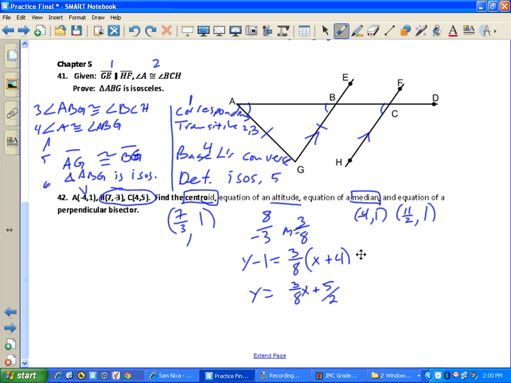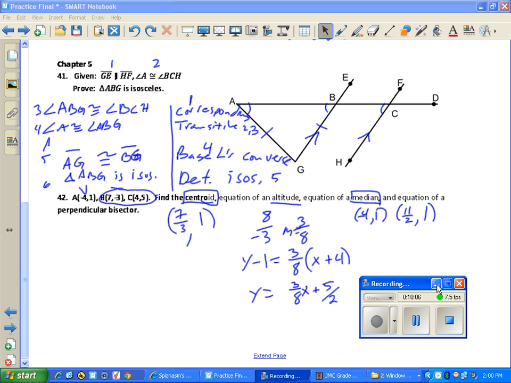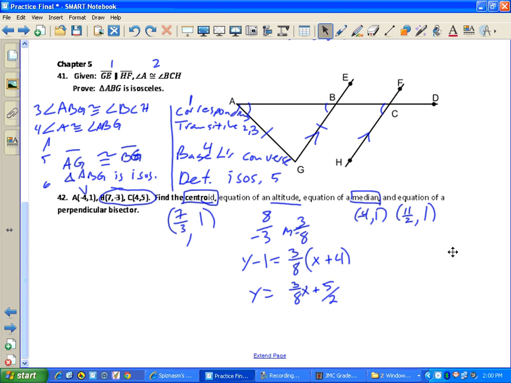So first, I need to find my slope. So to find slope, I'm going to subtract my y's, subtract my x's. It really doesn't matter what my x's turn out to be because I've got 0 divided by something. So that means my slope is going to be 0. So y minus y1, so I can choose either of these to be my y1, equals my slope times x minus x1.